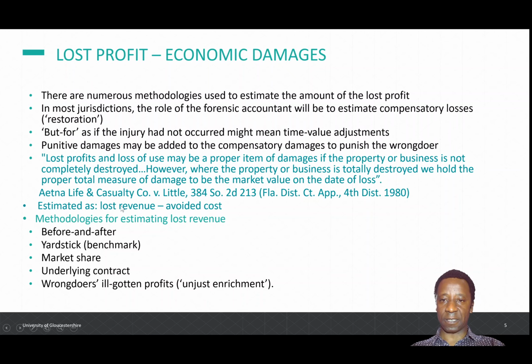And I picked this very famous American case. You can use this link to read a bit more about it. But the idea is sometimes the economic damage is not limited to just a lost profit. Okay, because sometimes the damage or the event that occurred has destroyed the earning capacity of the party suffering the loss.